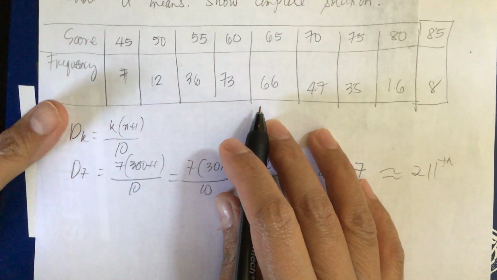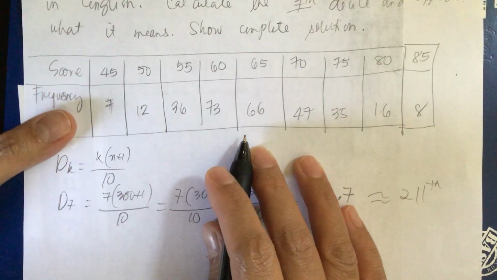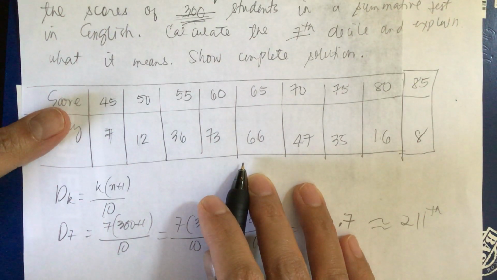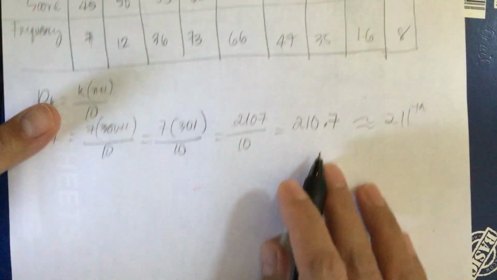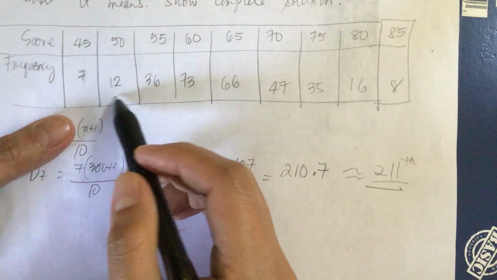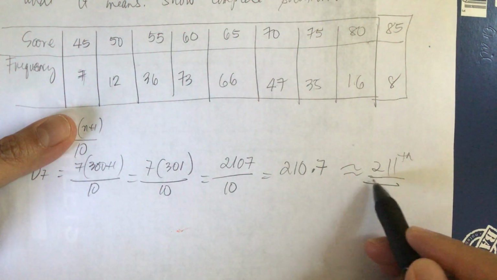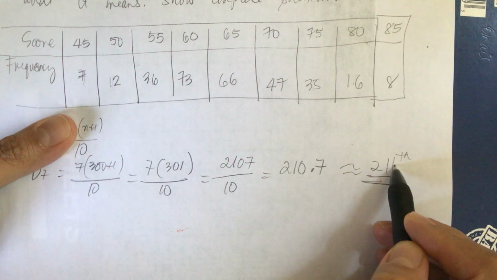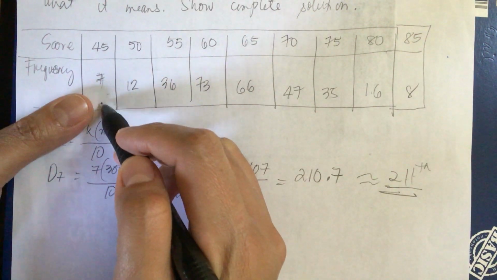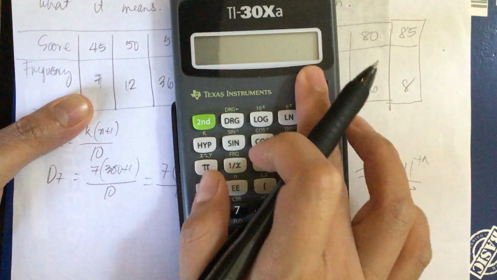So now this is in frequency, and there are 300 students. So if we list all of them, we're going to take a lot of time. So what I'm going to do is to count in the frequency. We're looking for the 211th score.